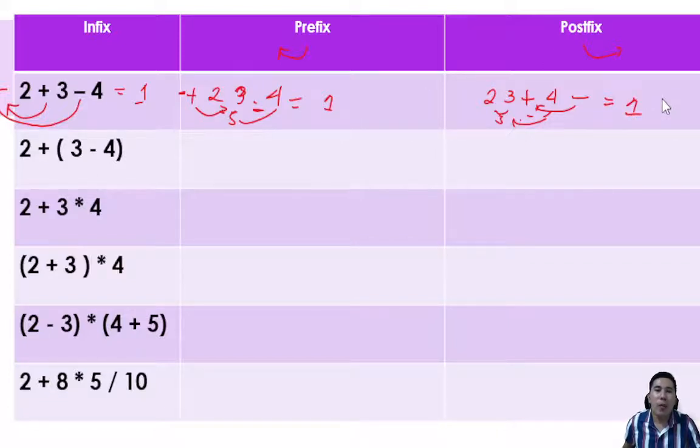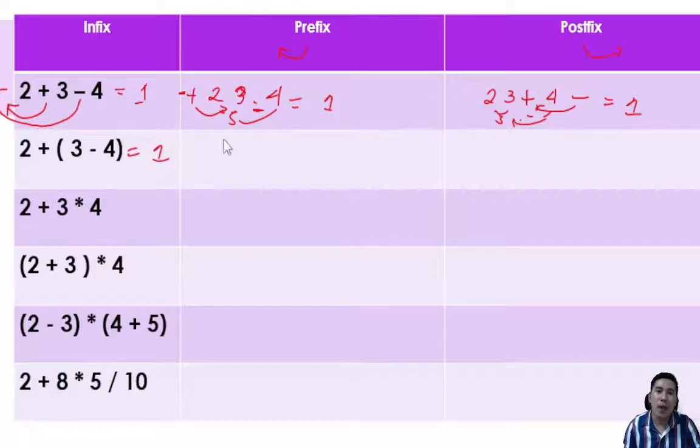Now how about the next one? This one has parentheses in 3 and 4. Meaning, if you evaluate this in infix notation, it's going to be 3 minus 4 first before adding it to 2. So 3 minus 4 is actually negative 1, and then 2 plus negative 1 is actually 1, right?